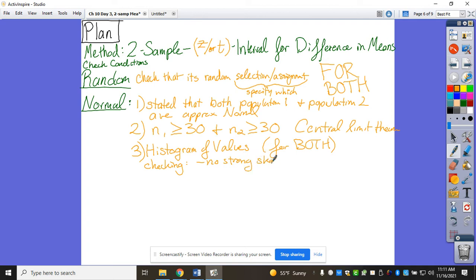No strong skew. No extreme outliers. And sometimes people say fairly symmetrical is no strong skew. If it is fairly symmetrical, then it doesn't have a strong skew. That's fine. And regardless of which one of the 3 I use, I still finish with, so I can use no approximation.